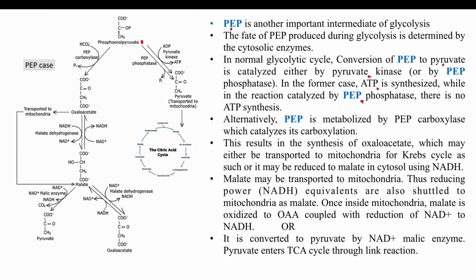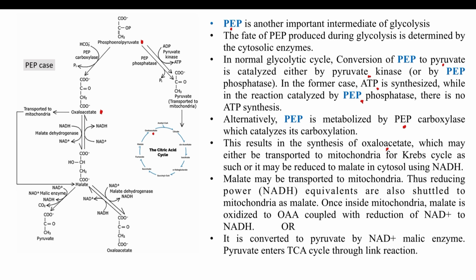Phosphoenol pyruvate is also a molecule which can lead to formation of oxaloacetate. We all know oxaloacetate or OA is an important molecule, a 4-carbon compound required to run Krebs cycle. It is the initial acceptor of acetyl coenzyme A, and you get the formation of citrate.